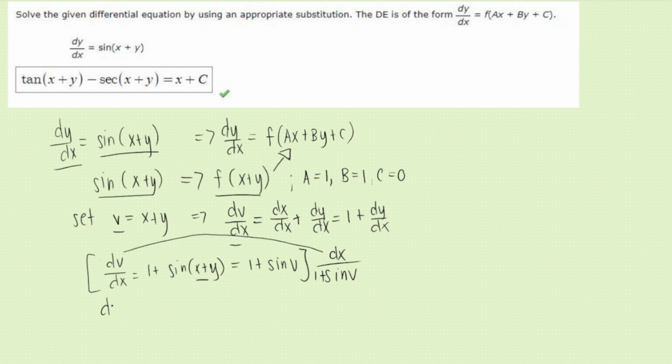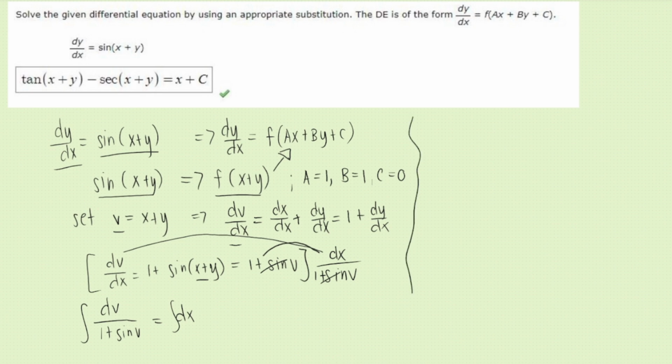So we have dv over 1 plus sine of v equals, multiplying 1 plus sine v times dx over 1 plus sine v, we cancel these two and are left with dx. Now it's easier to integrate both sides of the equation because we've separated the variables.